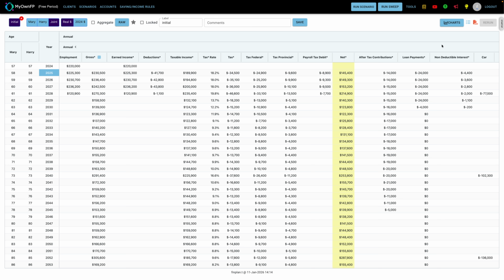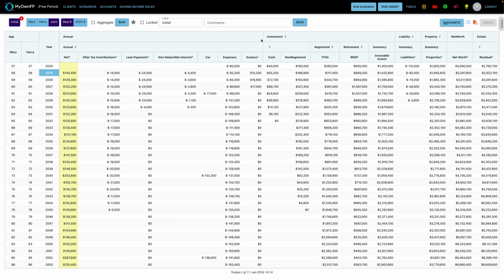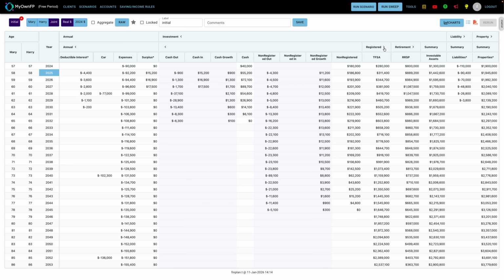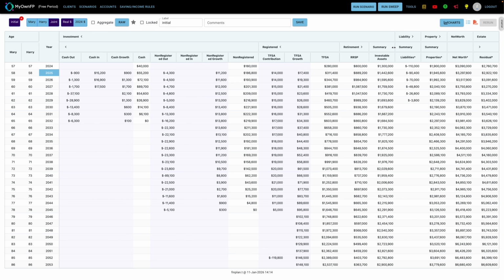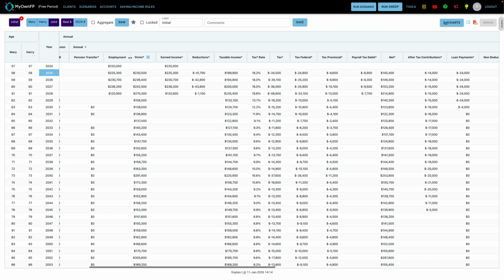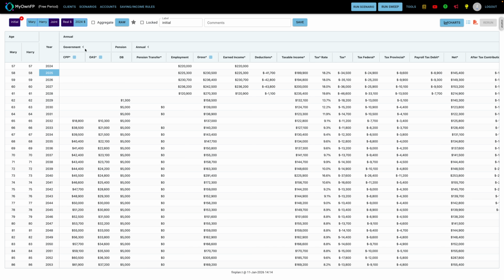The other aspect you can do is create a CSV of this data. The CSV will be whatever is currently shown on the grid that you're seeing on the screen. So if you expanded all the annual, you'll see all of that. If I expand all of this, all my investment accounts, all my registered accounts, etc., then all of this will show up in your CSV file.